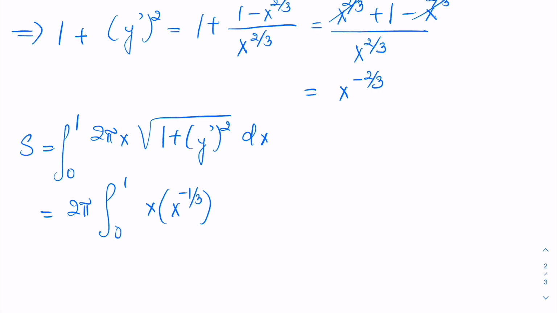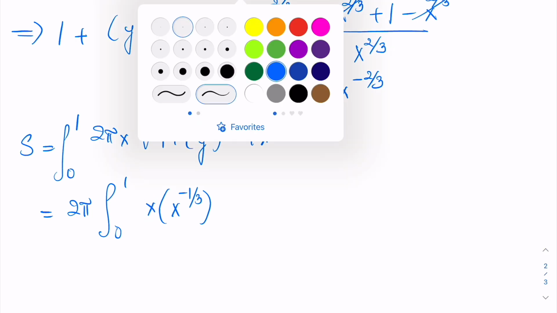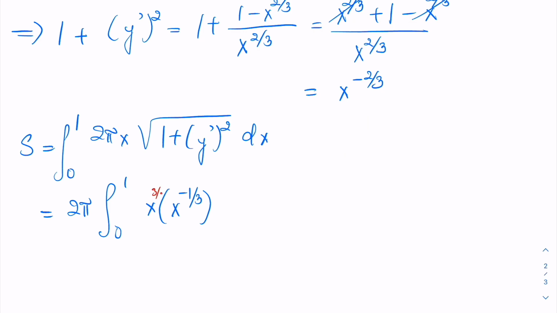So you can see that right here we have x, so we should rewrite this and make it into 3 over 3 so we can simplify. So now what I have is 2 pi integral from 0 to 1 of x to the 2/3 dx.